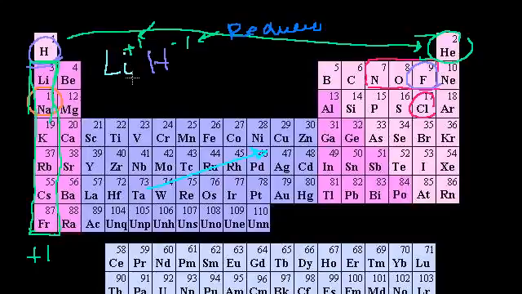What is the total sum of the oxidation states for a neutral molecule? In this case, you add up the charges, and it's equal to 0. And that's a big takeaway.